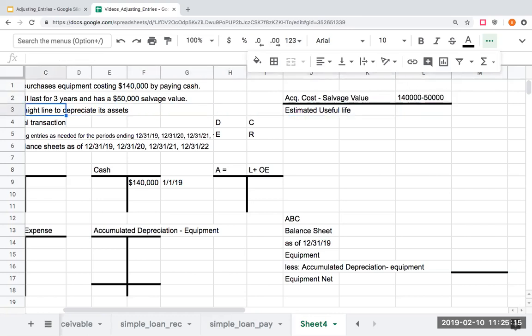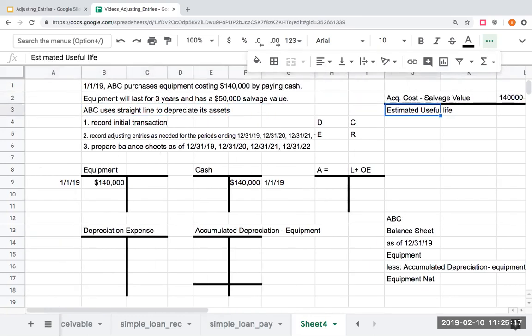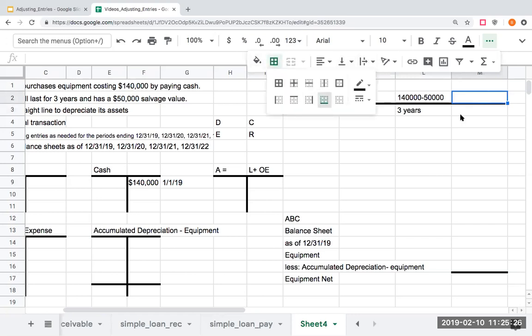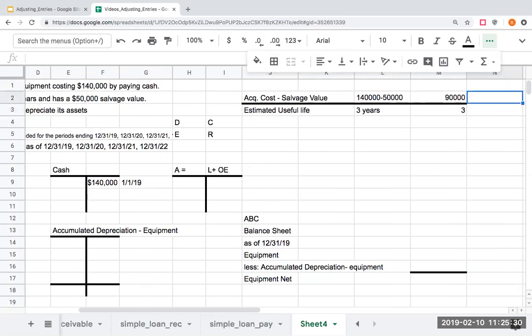And my estimated useful life here is going to be 3 years. So when I take $140,000 minus $50,000, what I'm going to be getting is $90,000 divided by 3, or a total of $30,000 of depreciation expense per year.